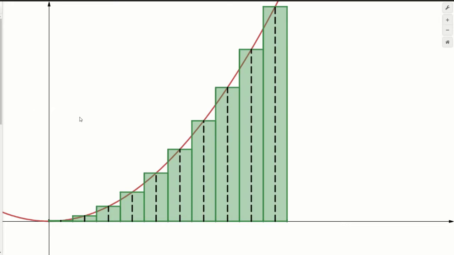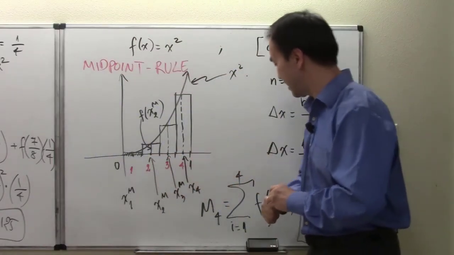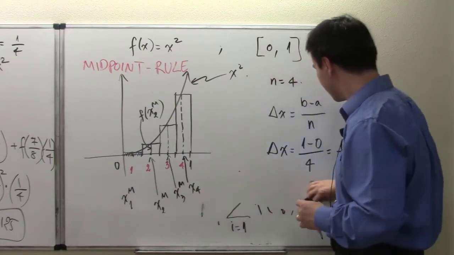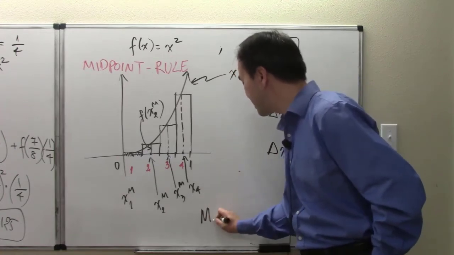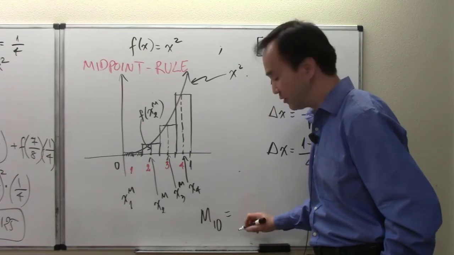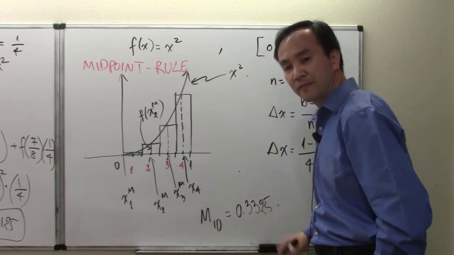I don't want to waste anyone's time going over the calculation, because it's the exact same problem. Ideally, this is M10, 10 subintervals, and my calculator gave me a quick answer. Let me swing back to my board. If we are using M10, as you have seen on the computer screen, M10 came to 0.3325.